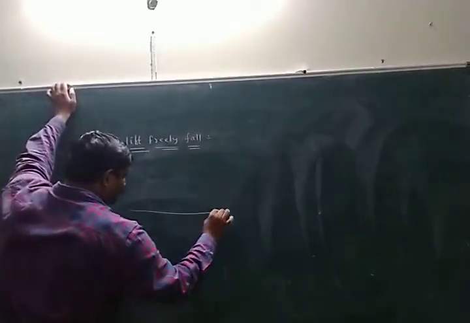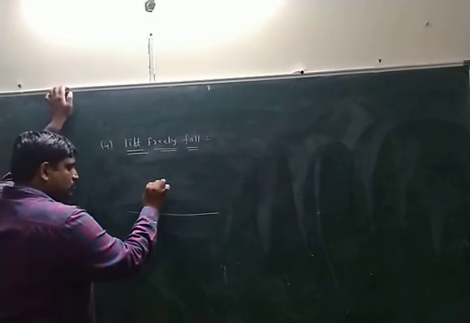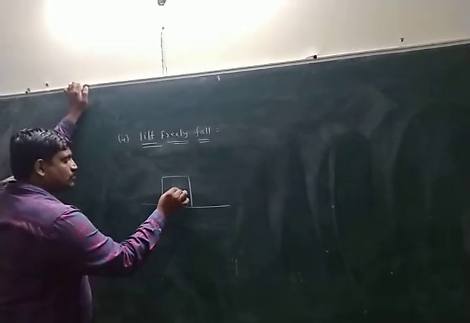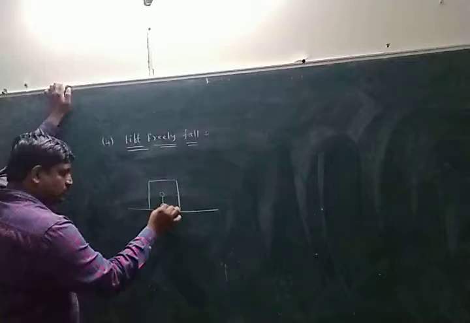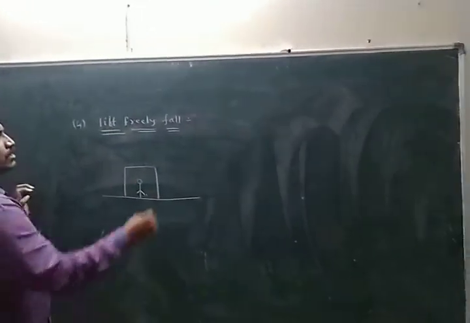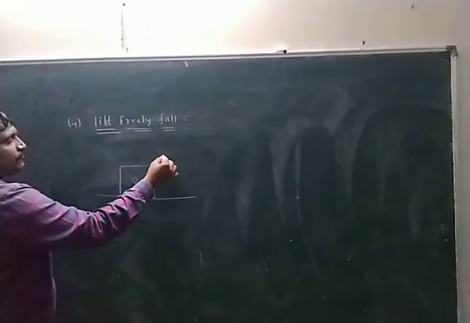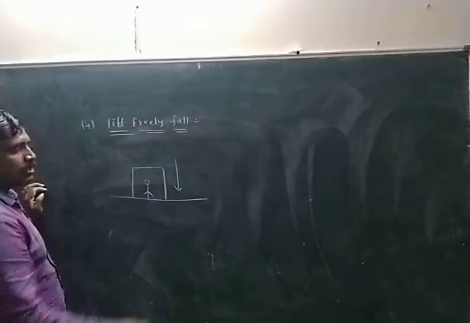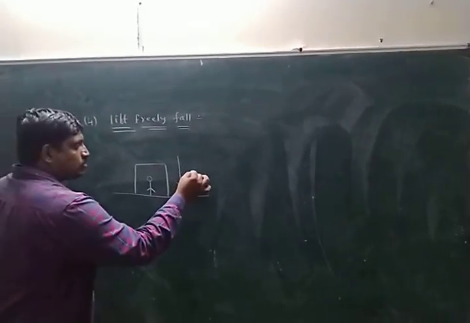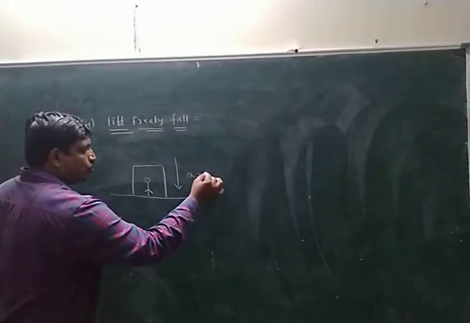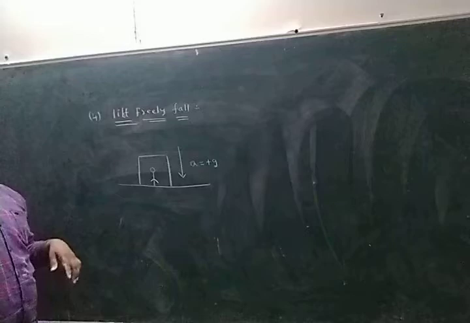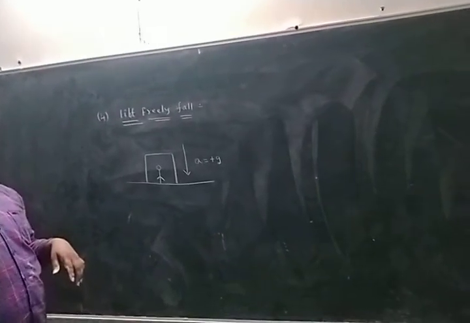This is the floor, this is the lift, and inside it a person is present. Here, lift freely falls means lift moving downward. Freely fall means acceleration equal to plus g. Freely fall, a value taken as plus g.